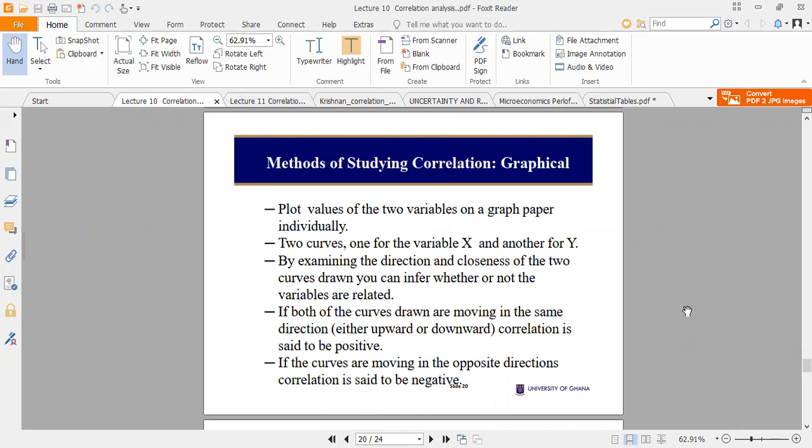But if one is moving from left to right downwards, and the other is moving from left to right upwards, then we say that there's a negative correlation between them. So what happens is that the two lines will cross each other. When they cross each other, then we know that the relationship between them is negative.